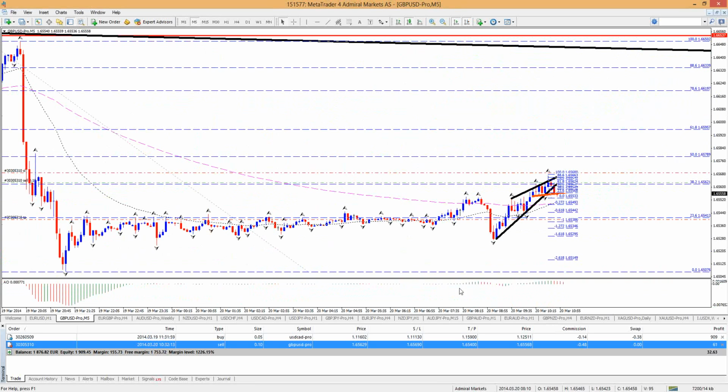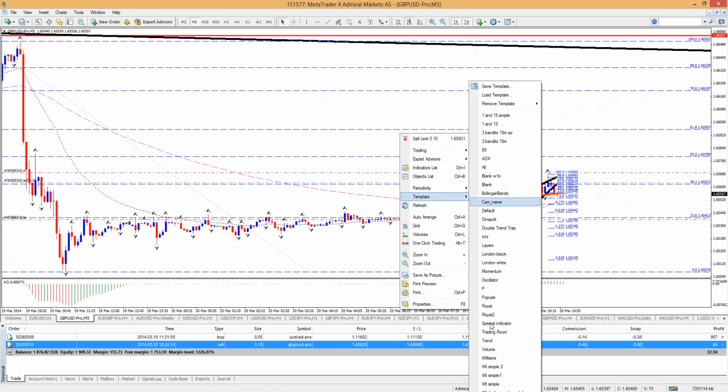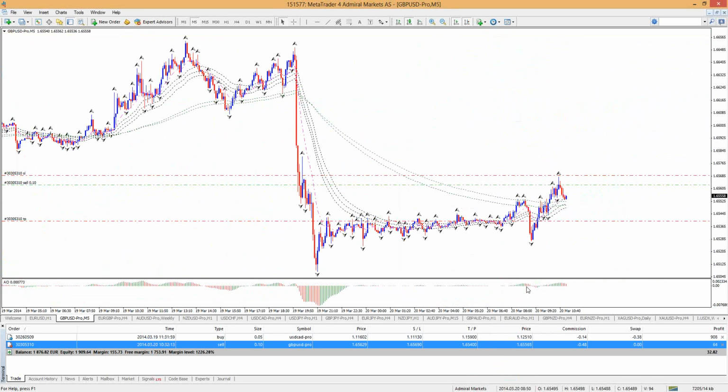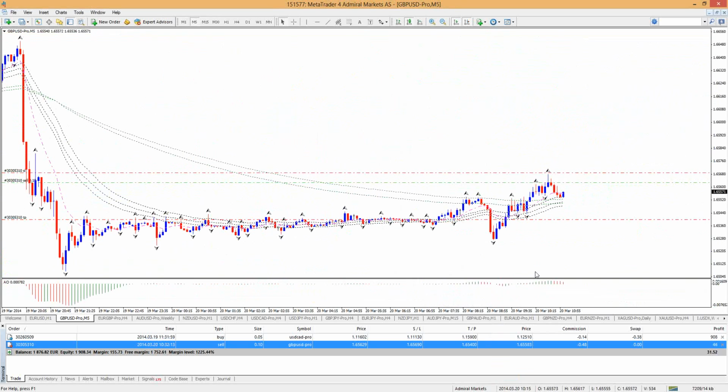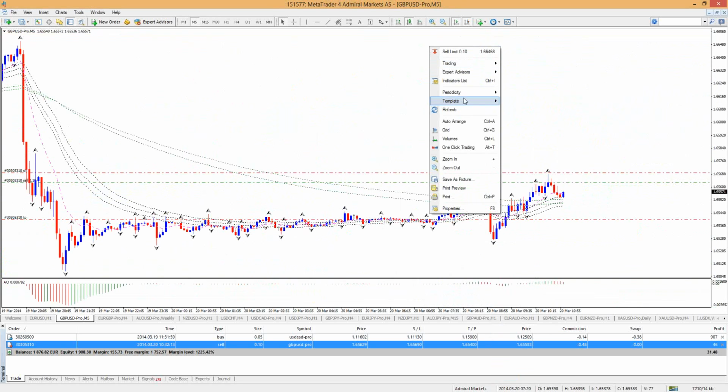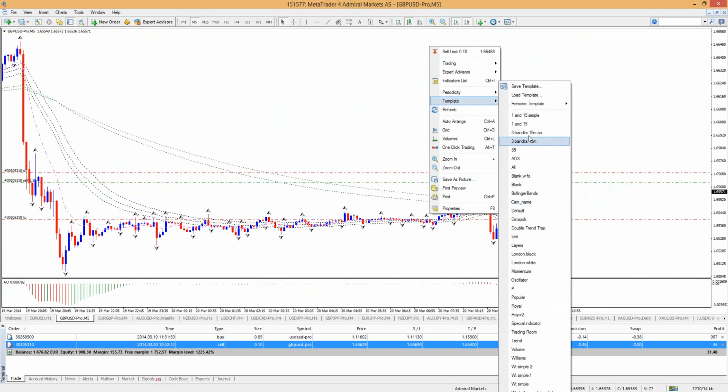Let me take a look at the 5-minute chart here. There should be some more downside, I would say, but not too sure, in fact. I think I'll move it to break even.